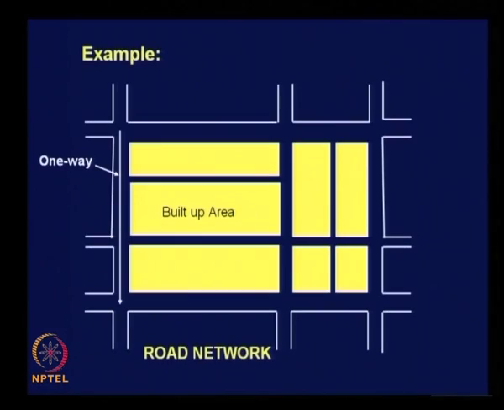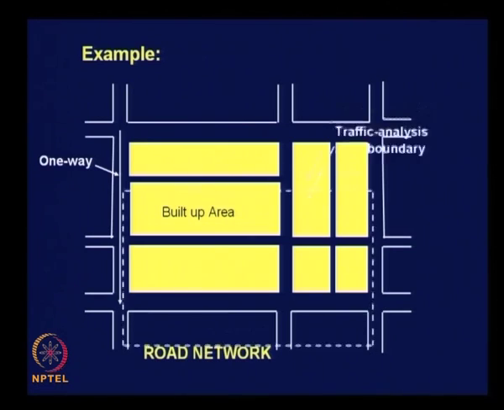Let us consider a small example to understand the concept much better. This is a small portion of an urban area, a heavily built up urban area, and we are trying to convert the roads involved in this area in the form of a coded network, right.